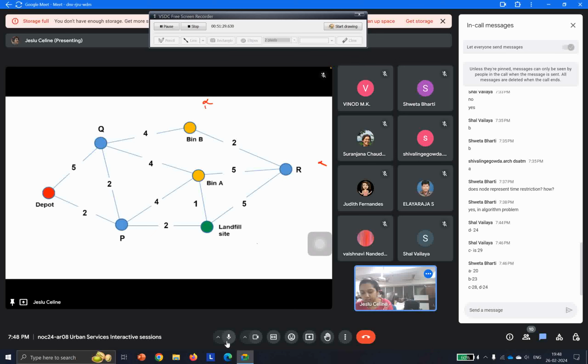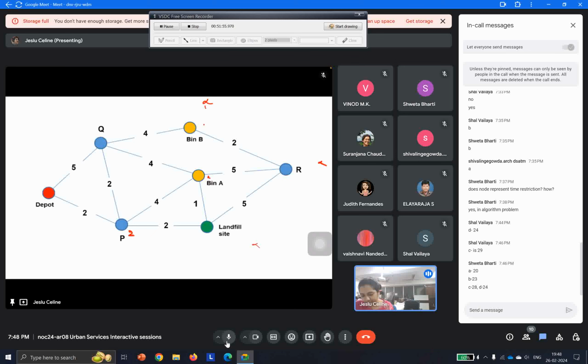So we have bin A and bin B. These are the two regions which we eventually want to reach. This is the pair that I want to find: depot to bin A. One method is I can travel to P, so that becomes 2.